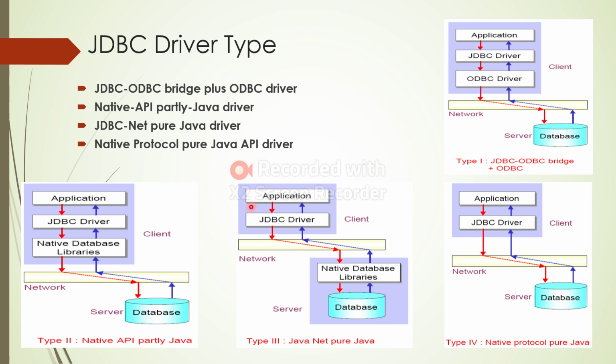So here we are going to use the type 4 driver. The demo I am going to show you today is using the type 4 driver, known as the native protocol pure Java API driver. The objective of the driver is to help you connect with the database. That is the main objective of the type 4 driver.